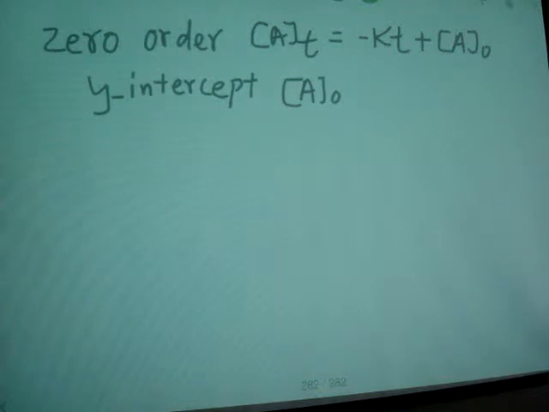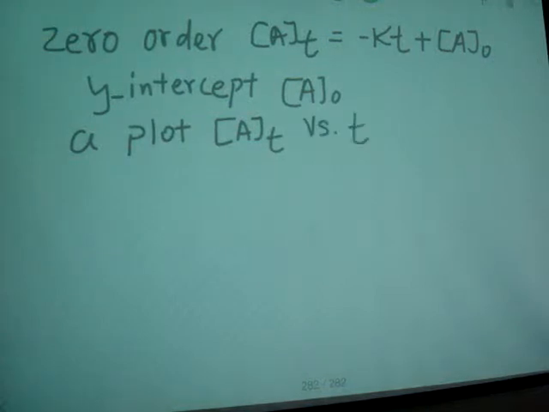And when you plot the concentration of A at time t versus t, you get what? A straight line. Straight line for zero order.